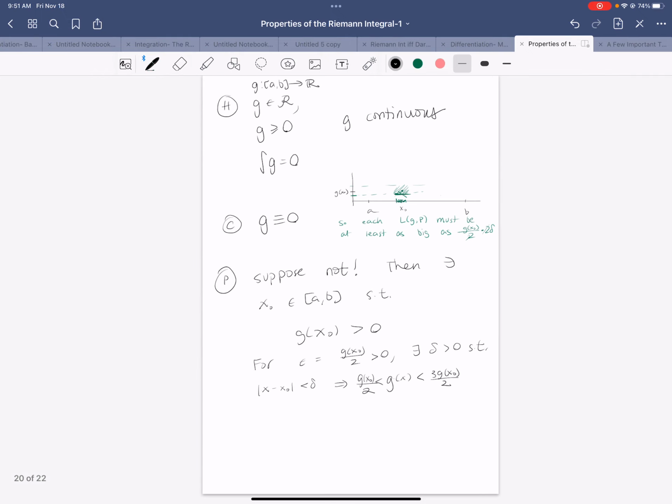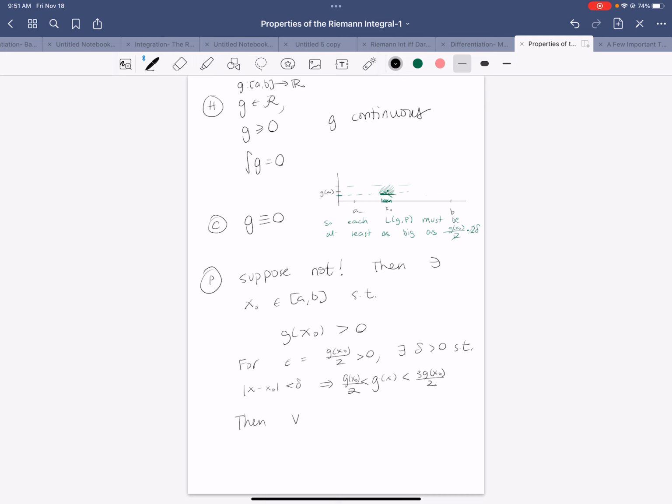So then for each partition P, the lower sum of G with respect to P is bigger than or equal to G of X naught times delta.